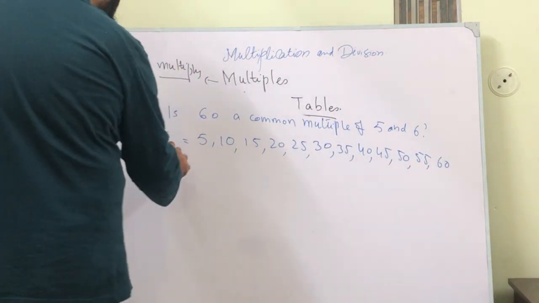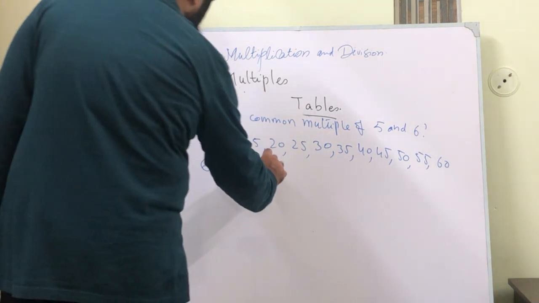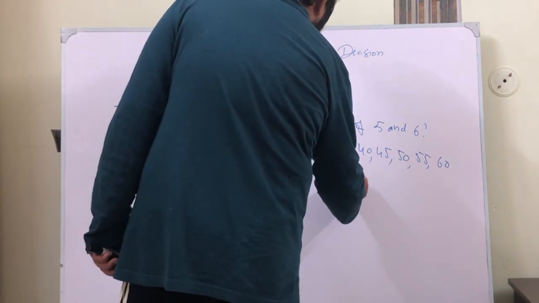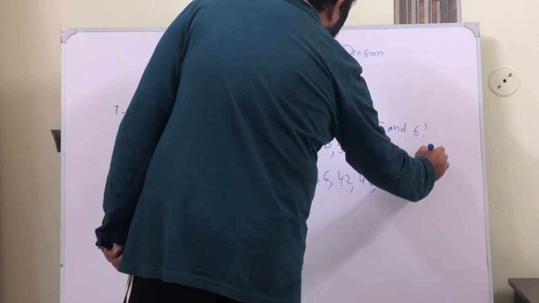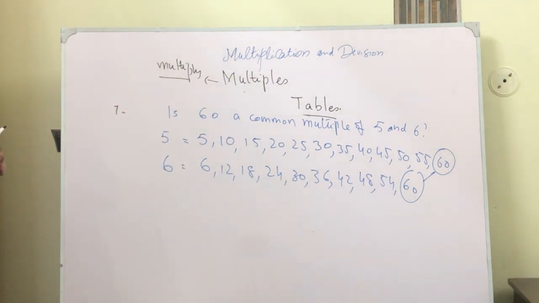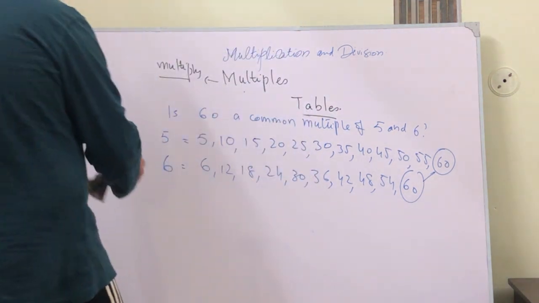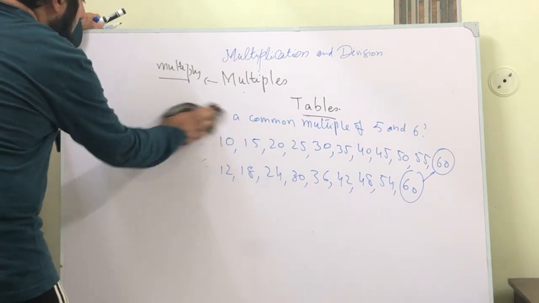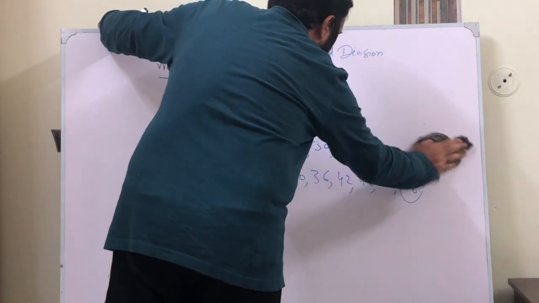Then we write the table for 6: 6, 12, 18, 24, 30, 36, 42, 48, 54, 60. Here we have 60, here we have 60. So 60 is a common multiple of 5 and 6 because it is coming in both the lists of multiples.